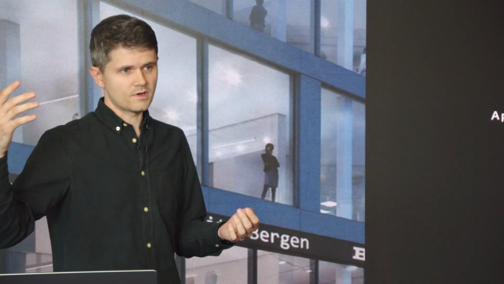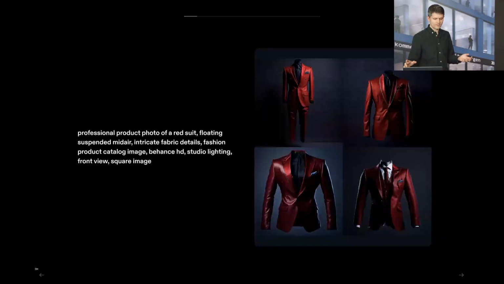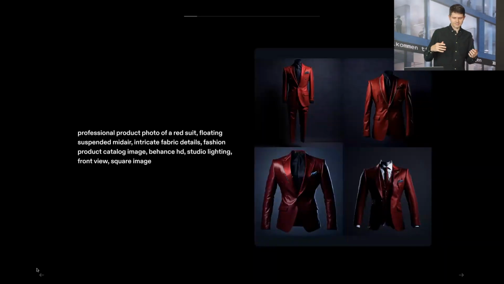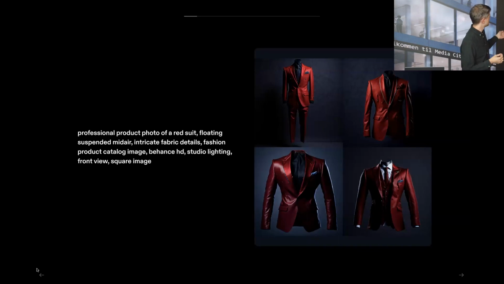So going from a picture of a suit to something way more detailed, such as this long prompt: professional product photo of a red suit floating, suspended midair, intricate fabric details. All of these details will give you something where I ran this 4 times and you get something similar in each image. You're still not in control of what comes out, but you at least have a style or a look that you can replicate.